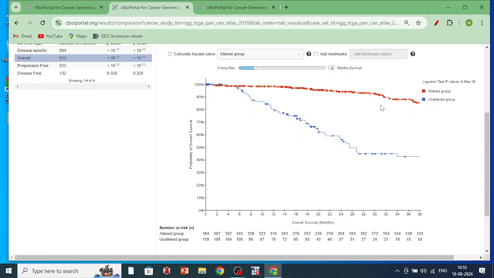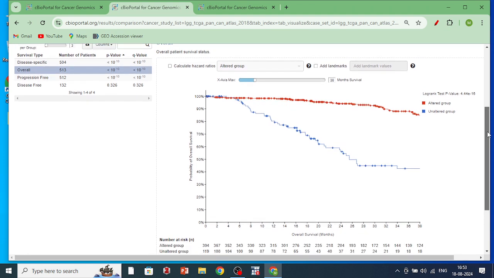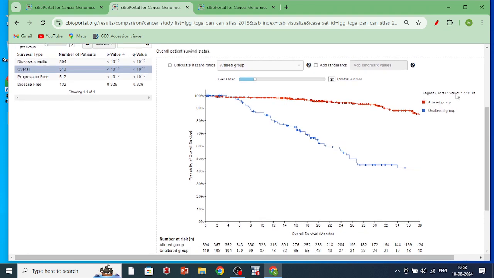So the survival fraction, you can clearly see there is a very clear difference. And how do you statistically measure this difference is by giving this p-value. Now the p-value here, what you can see, it is written log rank test.